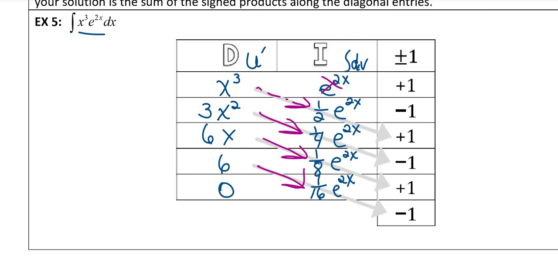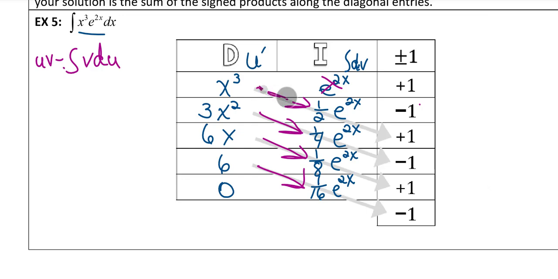Now what the signs are for is you're going to alternate the signs, because in our formula, let me write it over here, you have that minus sign there when you integrate v du. Every time you redo this, you're going to have that negative in there, so it's going to distribute through. So it's going to alternate the signs of each successive integration by parts.